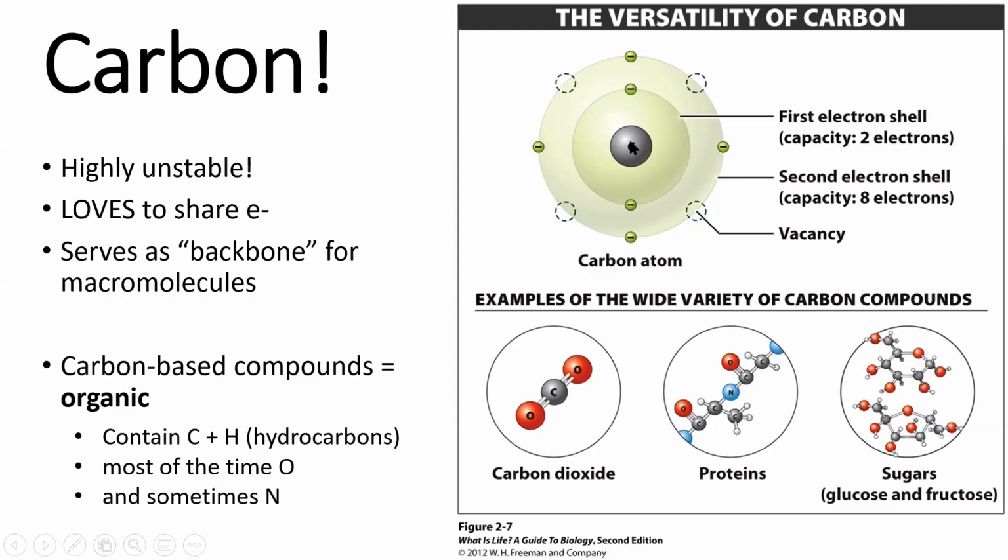So we know that carbon has 4 electrons in its outermost shell, so it wants to form bonds, and it will form different molecules that you are well aware of. For example, the gas carbon dioxide, proteins, and sugars.